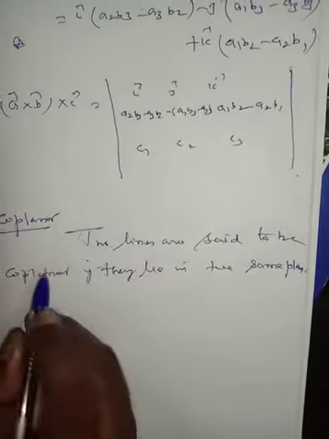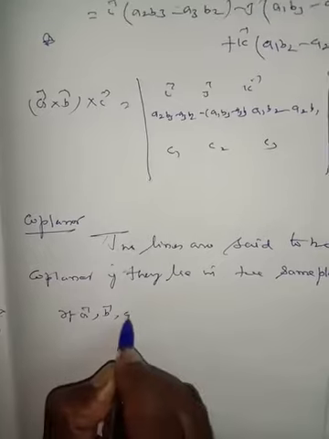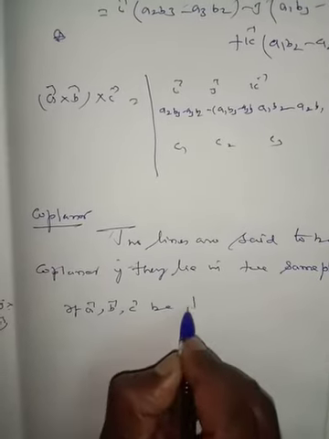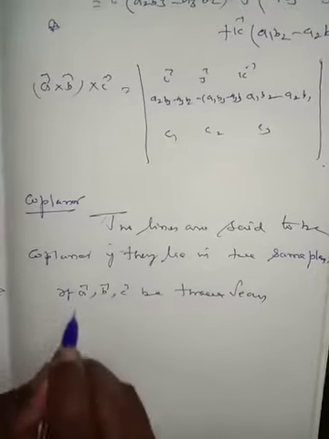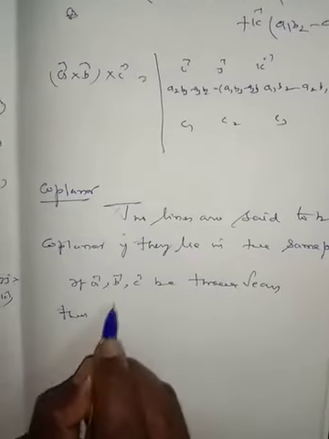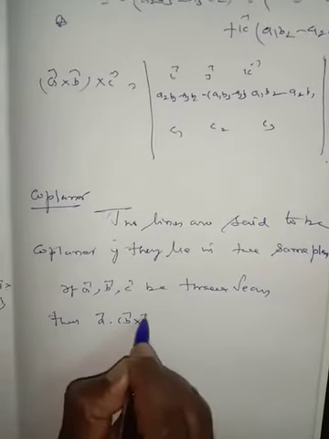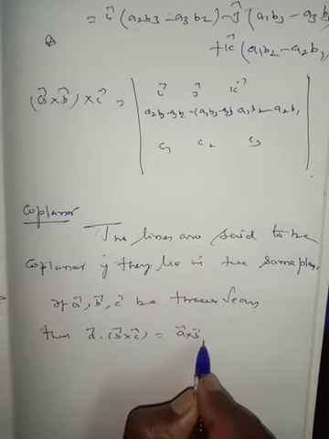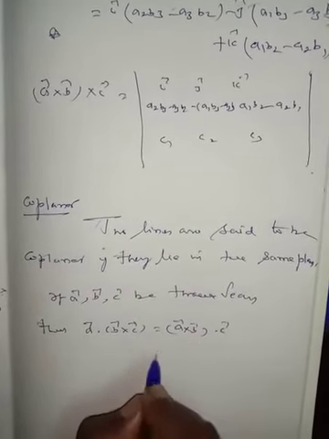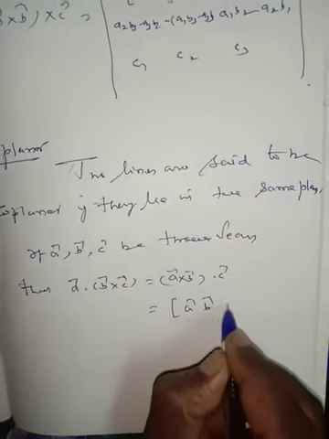Next, if a vector, b vector, c vector are three vectors, then a vector dot b cross c, or a cross b dot c vector, is equal to the box product of a vector, b vector, c vector.